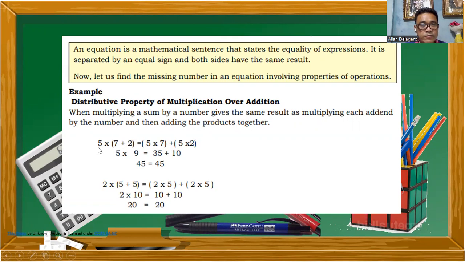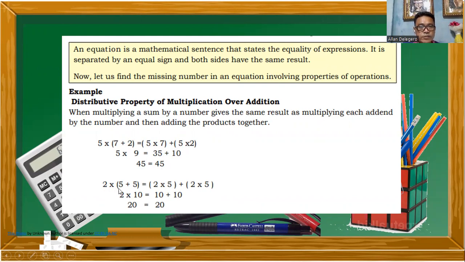So bring down 5, times, 7 plus 2 is 9. So 5 times 9 is 45. Then 5 times 7 is 35 plus 5 times 2 is 10. So 35 plus 10 is 45. It gives the same result.